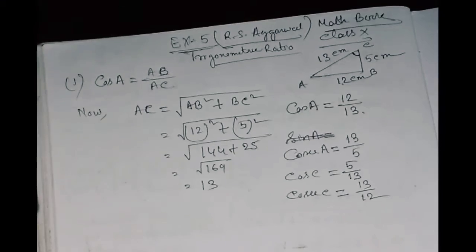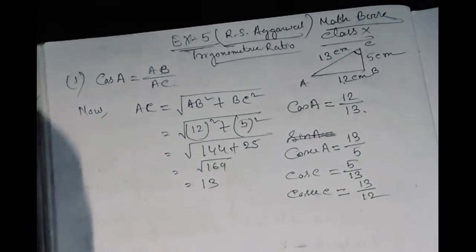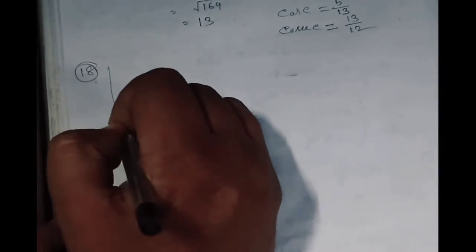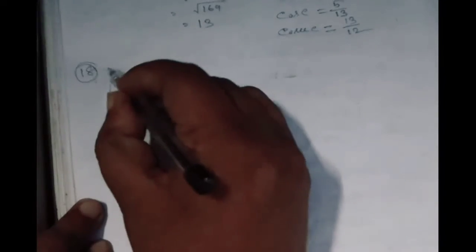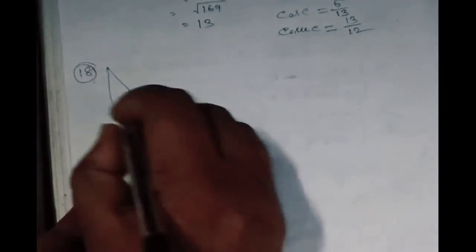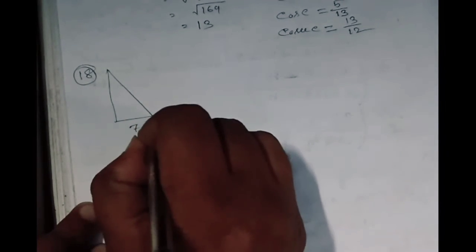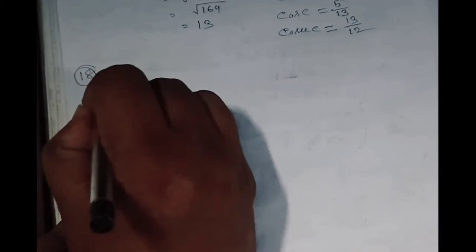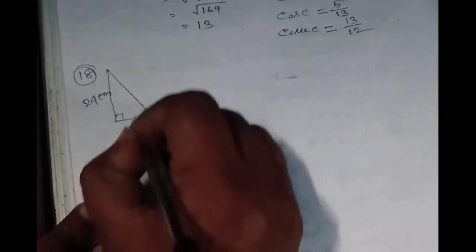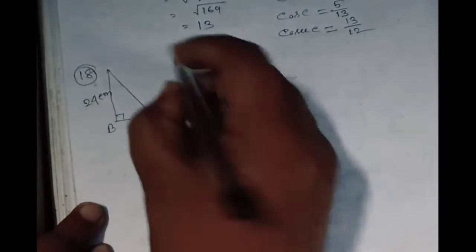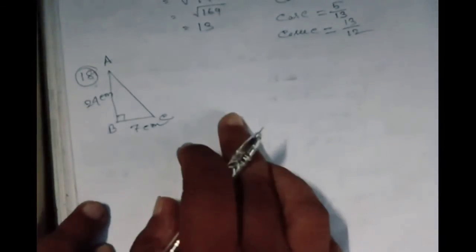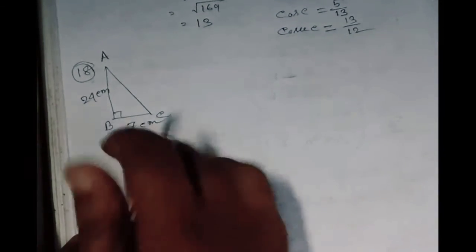Okay, so next come to another question number 18. Now here comes the triangle. 7 centimeter, 24 centimeter, this is B, this is C, this is A. Okay, and angle B is equal to 90 degree.